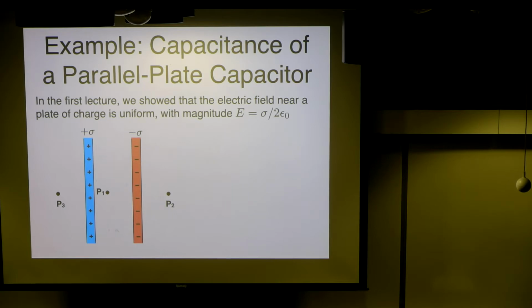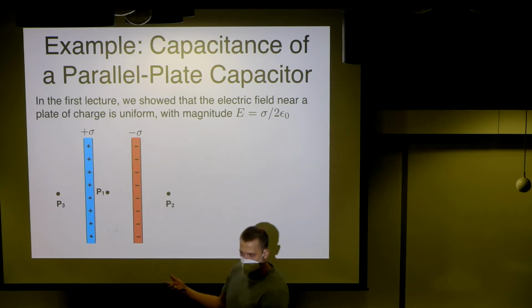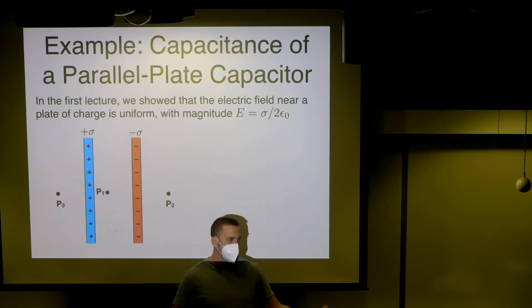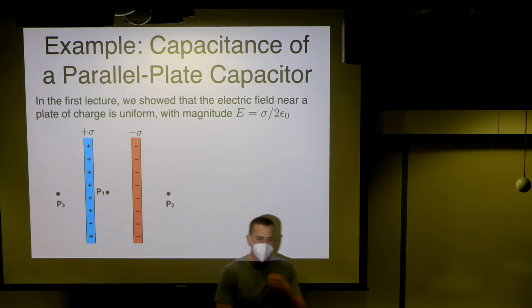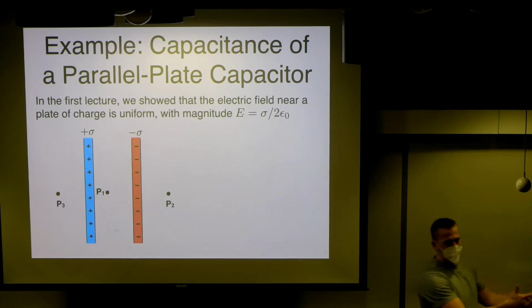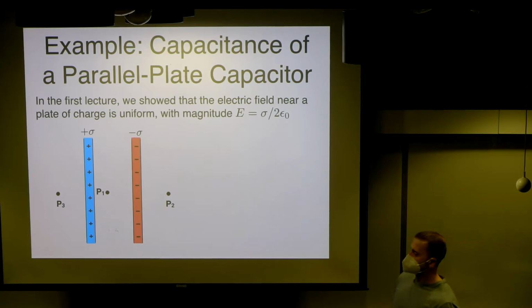So notice I have 3 points labeled here, right? Let's start with point number 1. We're going to have two E fields to add together, right? We have the E field from the positive plate and the E field from the negative plate to get the overall E field in the center. So for the positive plate, at point 1, what direction is the E field pointing in?